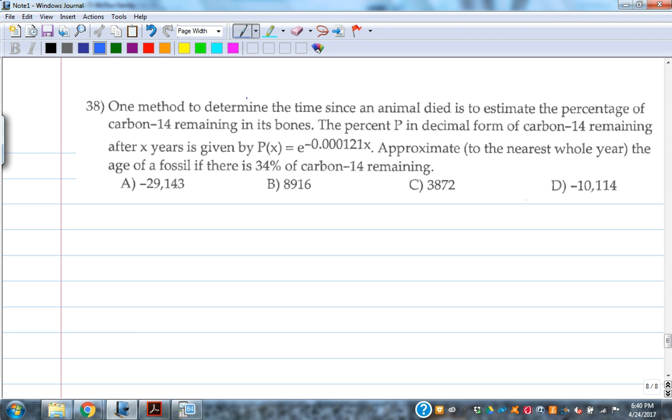So decimal form of 34% would be 0.34. So we set that problem up like this: 0.34 equals e to the negative 0.000121 X. How do we get rid of the E? Y'all remember? That's right. Natural log of both sides.